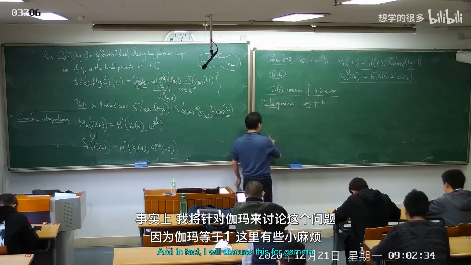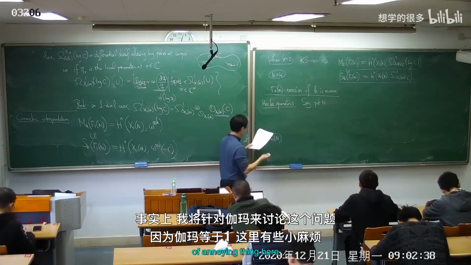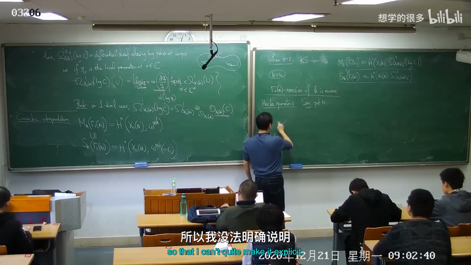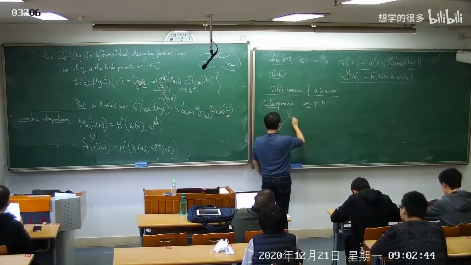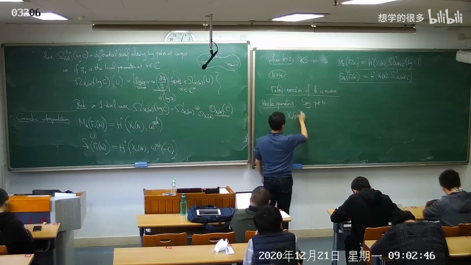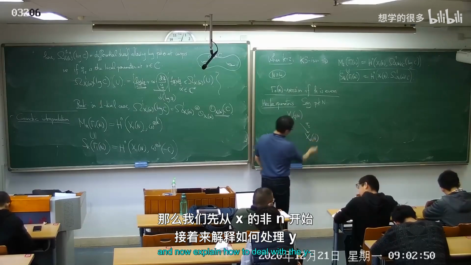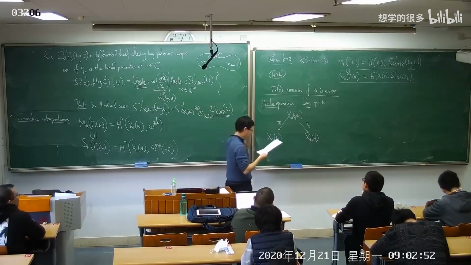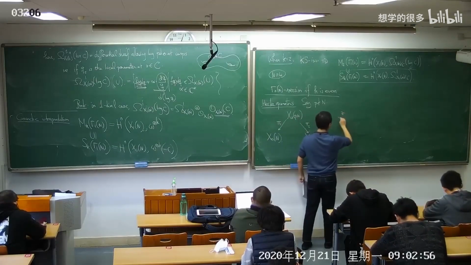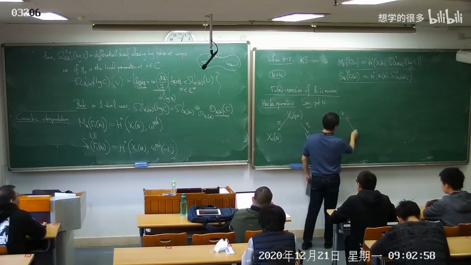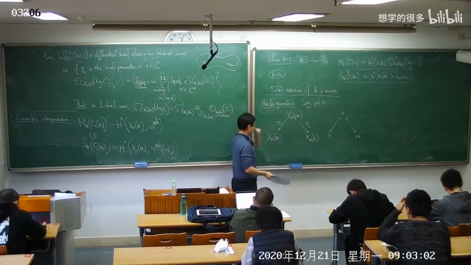And in fact, I will discuss this for gamma naught n, because for gamma 1 n, there's a little bit of annoying thing here, so that I can't quite make it explicit. So let's do the X naught n first, and I'll explain how to deal with the other. It's not that big a deal. I'll discuss how to modify the discussion to gamma 1 n.